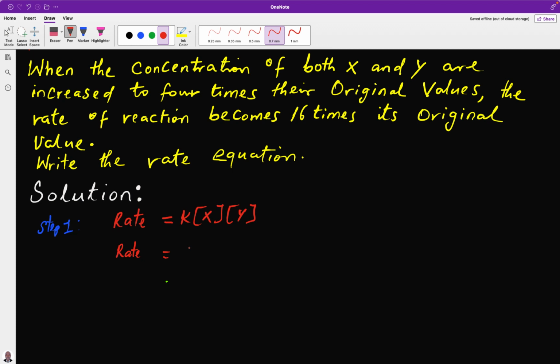I want to write some differential equation here, because it will show how the rate of change of x is related to the change in y. Let me say dx times dy.